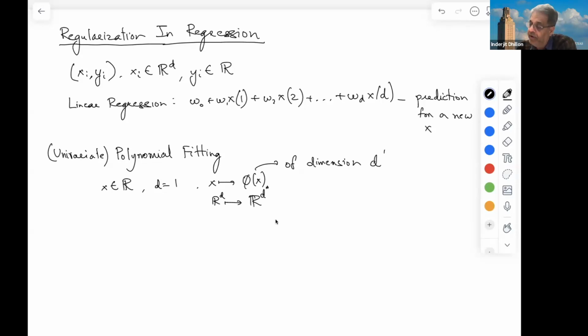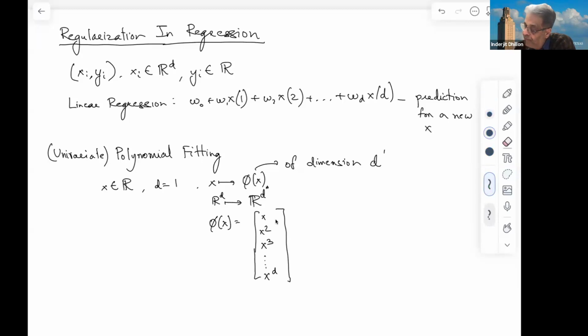And in particular, the way we can think about polynomial fitting is to think about phi of x as the monomials: x, x squared, x cubed, up to x to the power d, or x to the power m. Let me not reuse d. I guess I've used d prime. So in this case, m is equal to d prime.